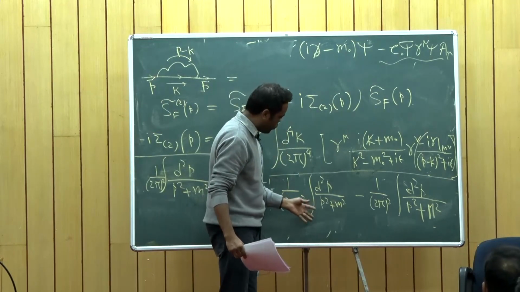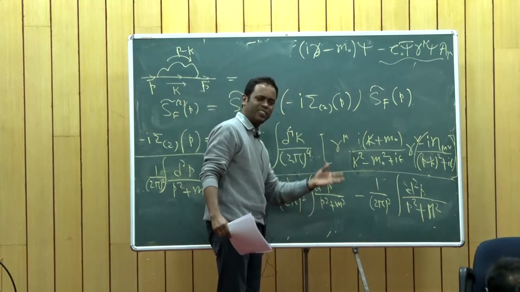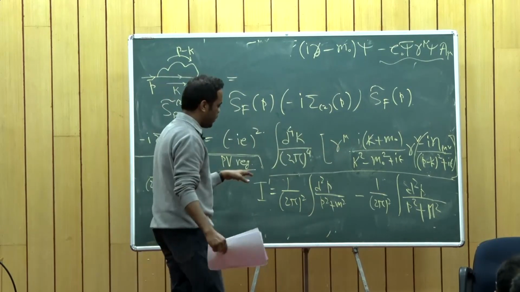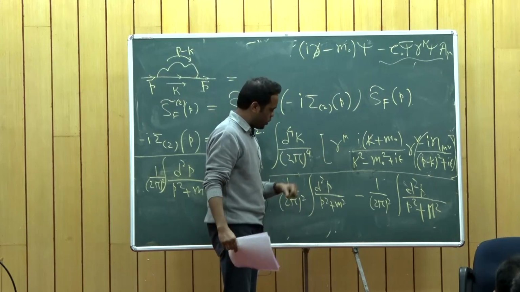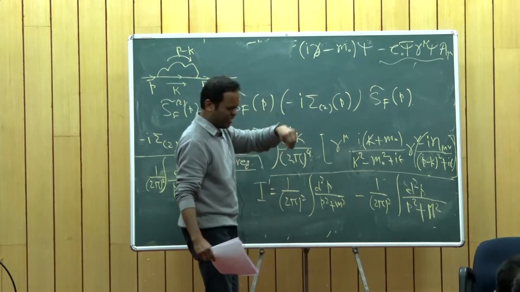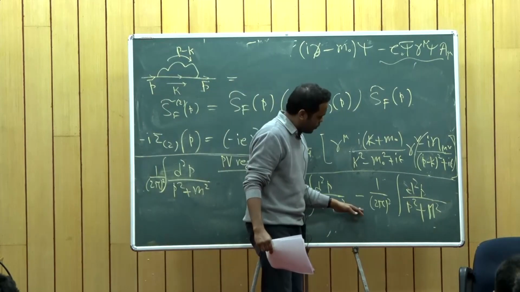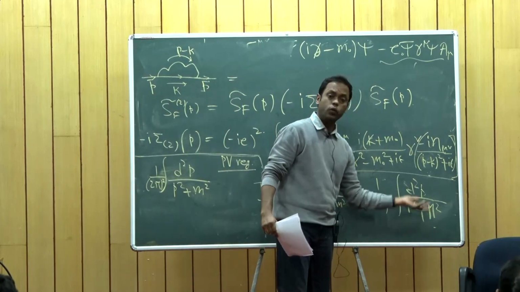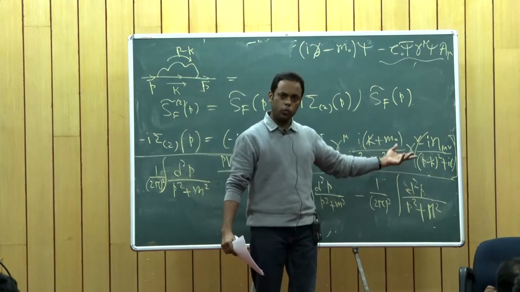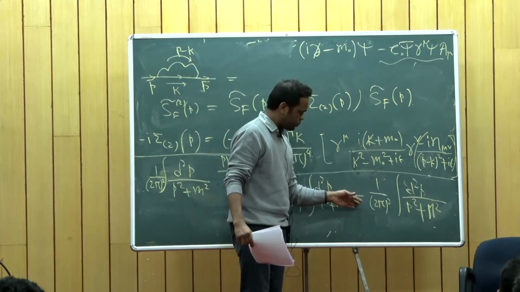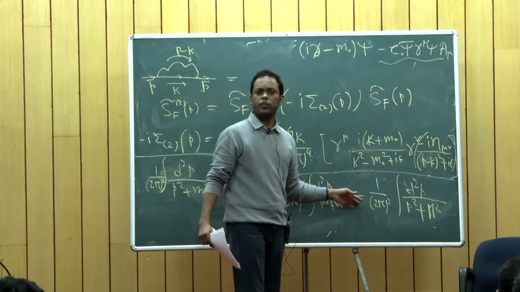Effectively, what you are doing is this: this is a contribution that you are getting due to some particle, a loop due to the propagation of a scalar particle, let's say, in 2 dimensions, and you are subtracting a similar contribution due to another field, whose propagator also looks like a scalar. The only difference is that the contribution comes with a negative sign.